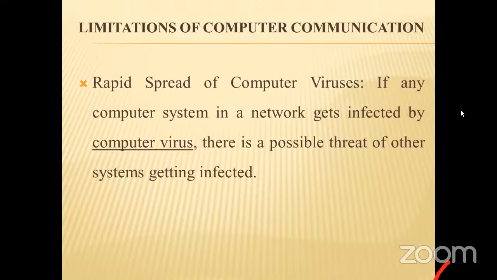So since these computers are connected on the network, if one of the computers is affected by any virus, it will be very easy for other computers to also get affected. So these systems are basically connected, and once one is affected, it will spread that virus to other systems in the other computers, making the spread of computer viruses very rapid.